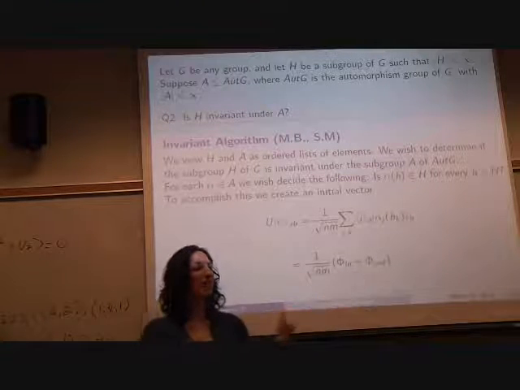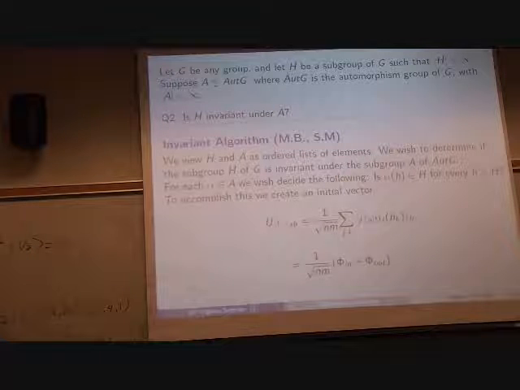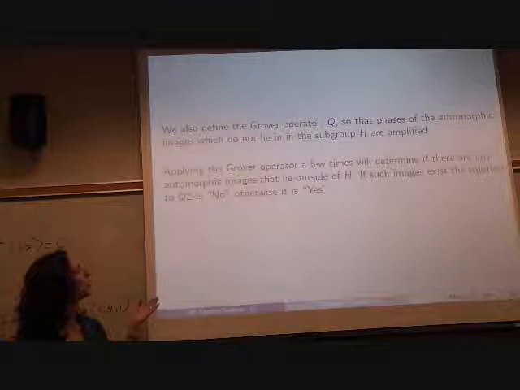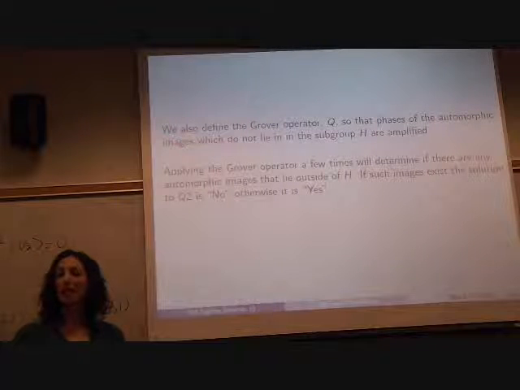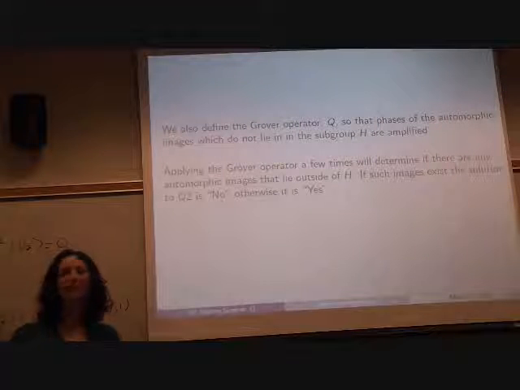So we'll be able to detect them. And so in this way, if we apply that Grover operator just a few times, like say 2 or 3 times only, we're able to see if we have images that fall outside the subgroup H. We can detect them immediately.